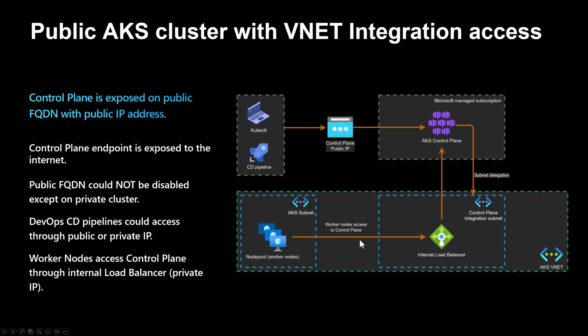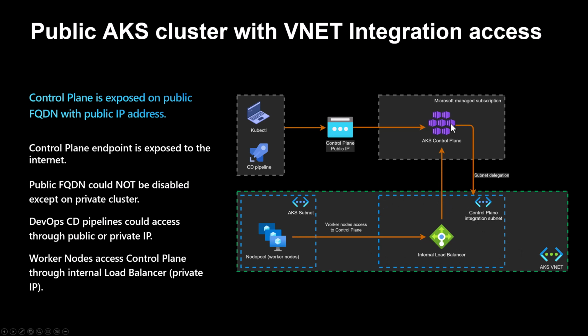That way the worker nodes will be able to access the control plane privately through a private IP address, which is the private IP of the internal load balancer. So this will create another subnet in the AKS VNet.